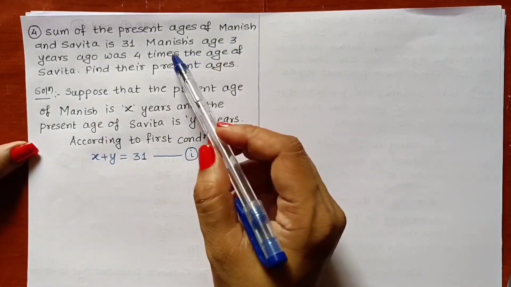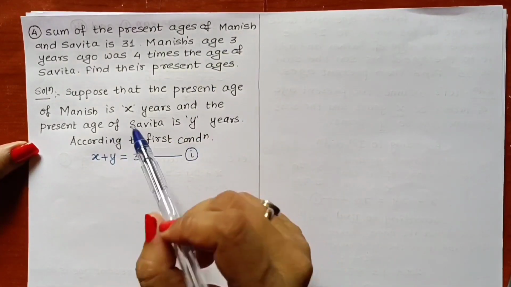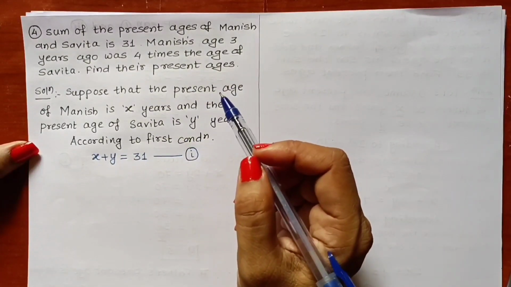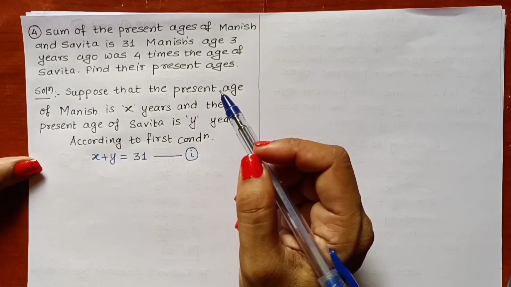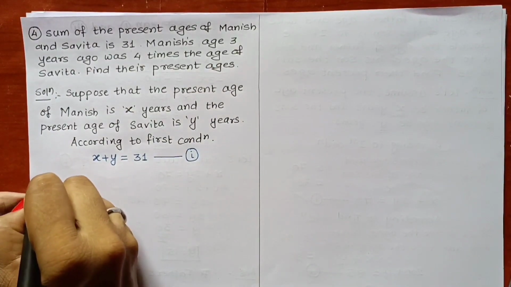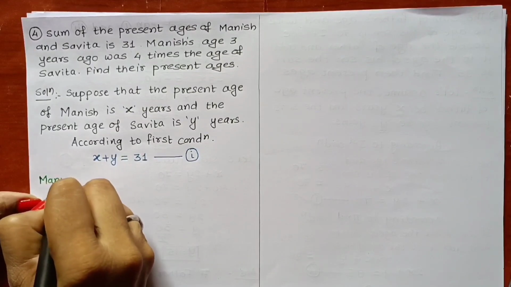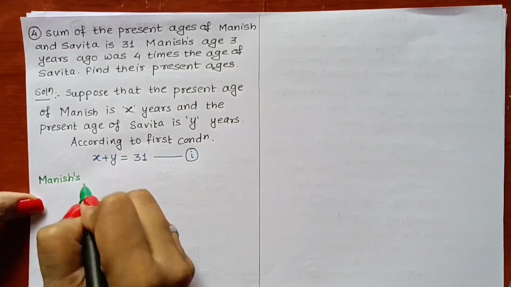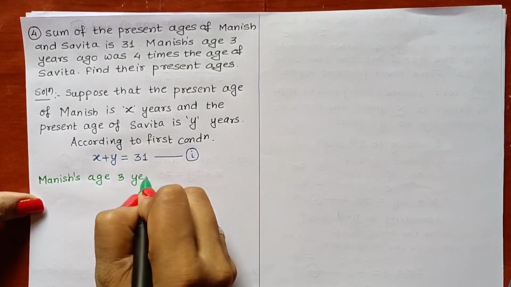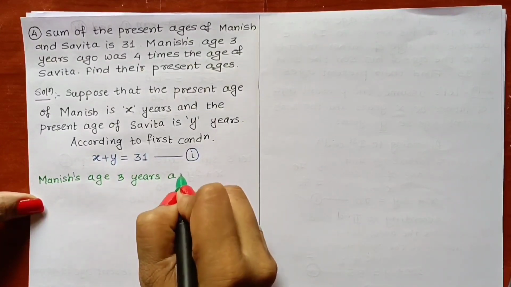We will have to find both of their ages 3 years ago. So let us first find their ages 3 years ago, and then we will form the equation from the second condition. So we write Manish's age 3 years ago.